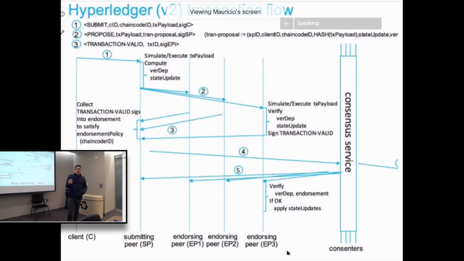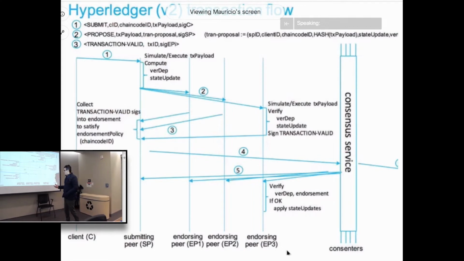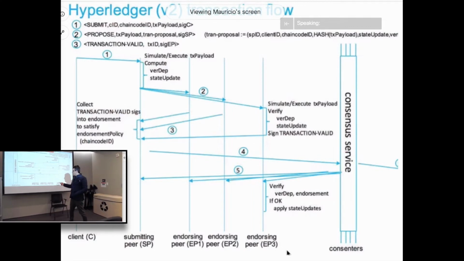For example, I'm selling cars and we have two companies. Each peer belongs to a company, and each company should agree with this transaction. If they agree, they are going to create this hash for you and return it.